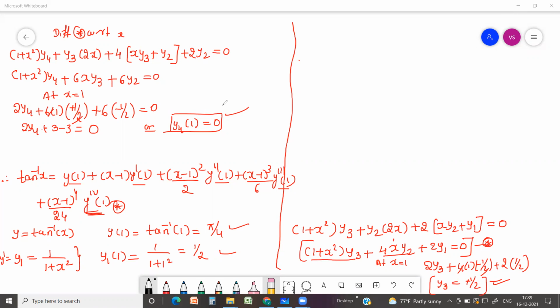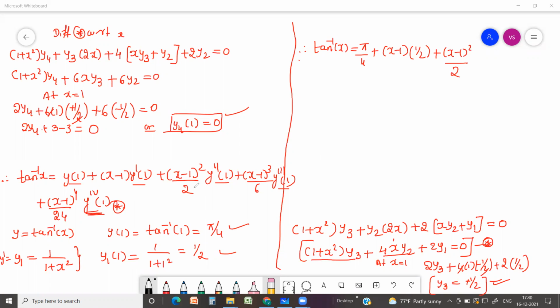We'll try to incorporate. So this is our equation. Therefore, tan inverse of x is equal to y of 1. Y of 1 is what? Pi by 4. So it is pi by 4 plus x minus 1 into y dash of 1, which is 1 by 2, plus x minus 1 whole square by 2 factorial, y double dash of 1.